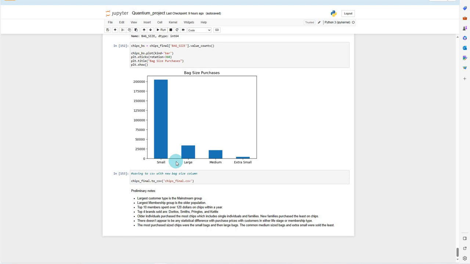Older individuals purchased the most chips, including all of them grouped, and new families did the least. There didn't appear to be any statistical significance with purchase prices with customers' life stage or membership type. And the most purchased chip sizes were small, and then large.